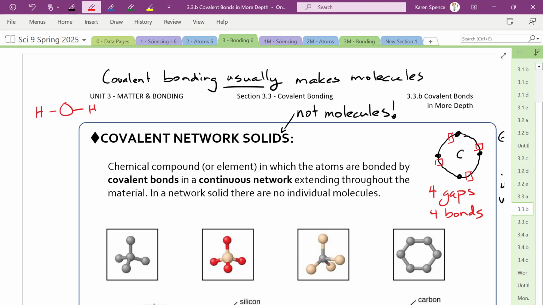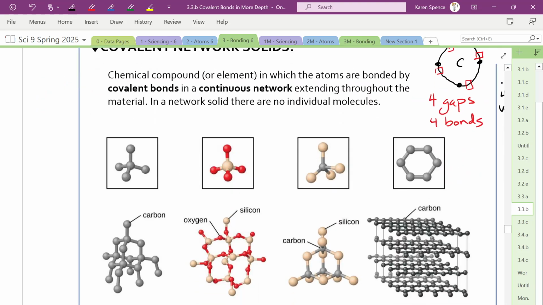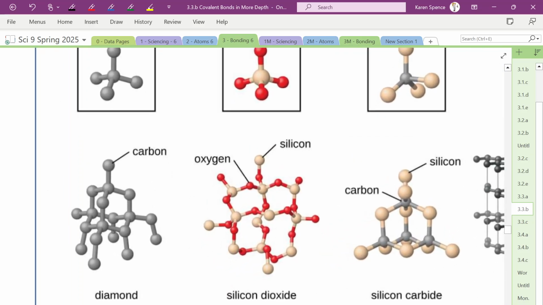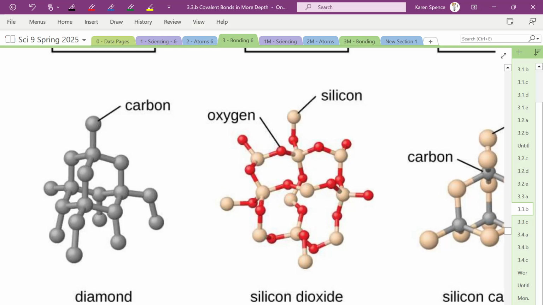But carbon, if you imagine that you are a carbon atom, your head would be one place to bond, each arm would be one place to bond, and your feet would be one place to bond. Okay, so you could form 4 bonds, and you can imagine you could make a big, big network out of that. So we can have a network of carbon atoms where each carbon is bonded to 4 other carbons.